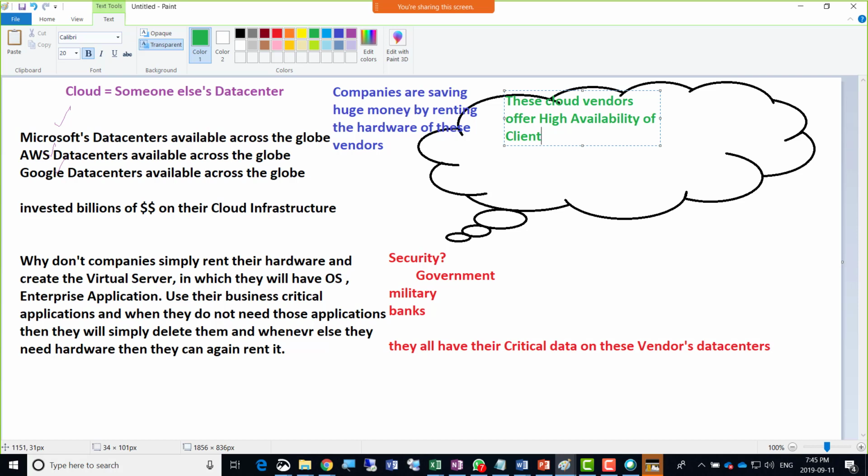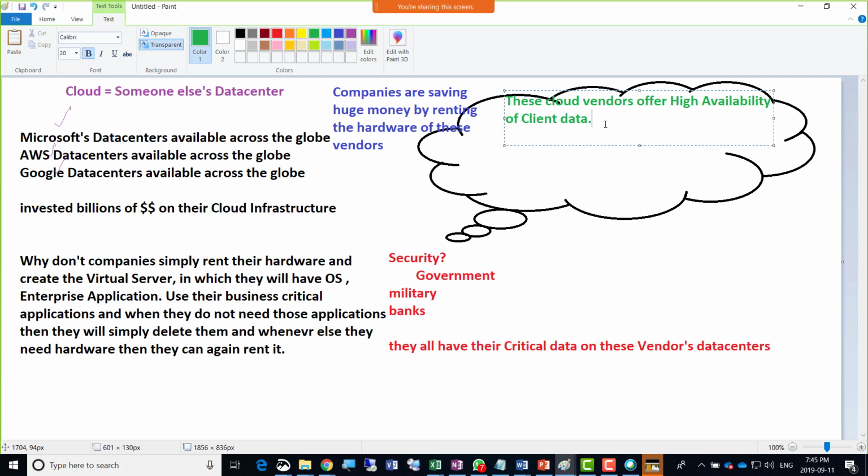So these cloud vendors offer high availability of client data, right? High availability means if something goes wrong on the data center side, they will still let the users keep accessing their data, right? So they offer high availability of data, which means continuous availability. No matter what kind of disaster happens, the data is highly available, right?